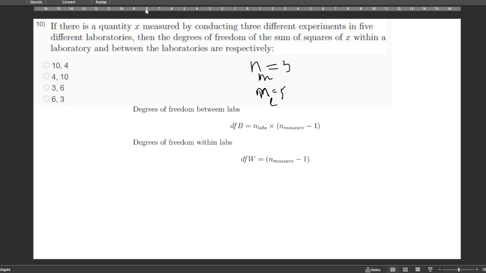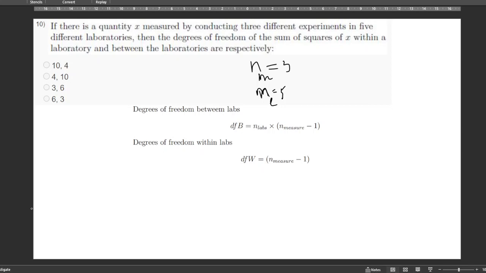Okay, if it is within the laboratory, it is very simple. It's number of measures minus 1. Because as we all know, if we have all the data, if I take 10 data and have reference for 9 data, the one data can be easily found out.